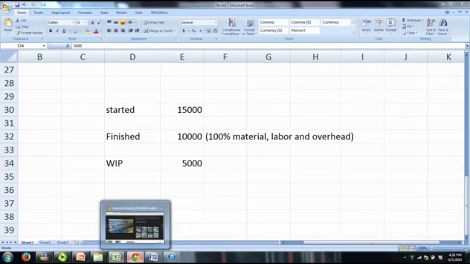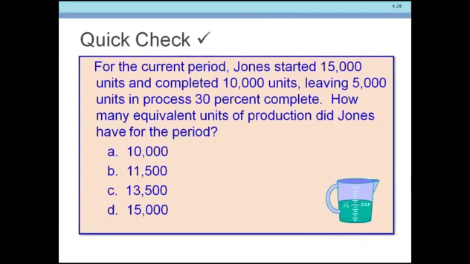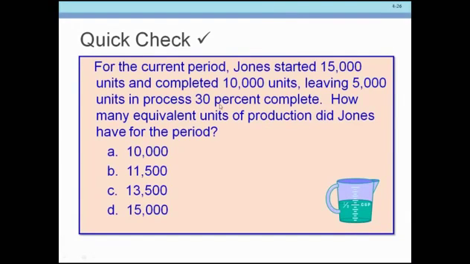Well, let's see what we are told about those 5,000 units. Those 5,000 units are in process, 30% completed. And here we are assuming it's 30% for material, labor, and overhead. That's fine.